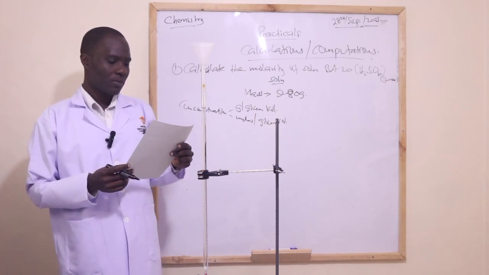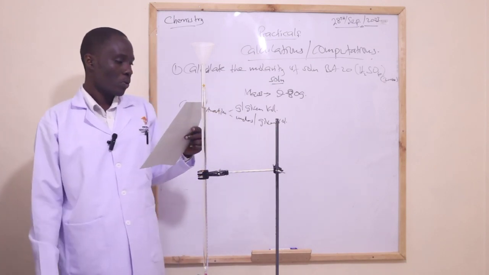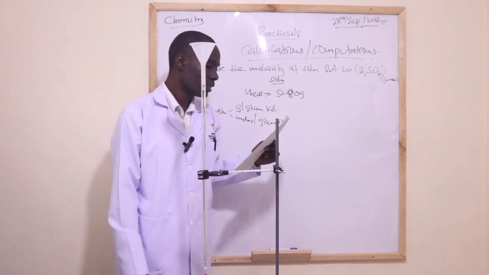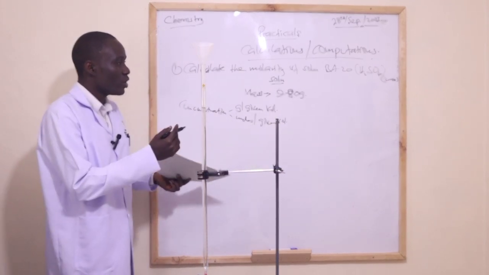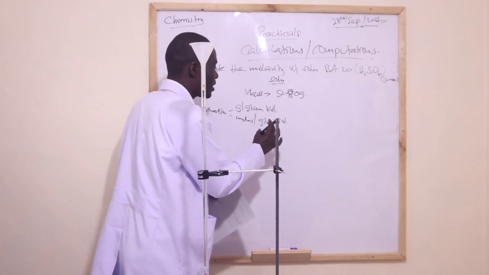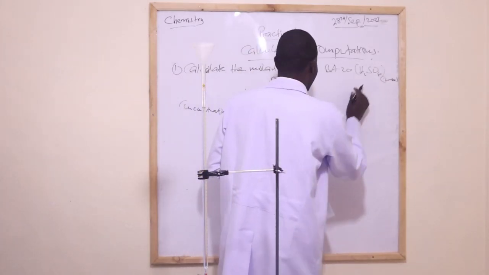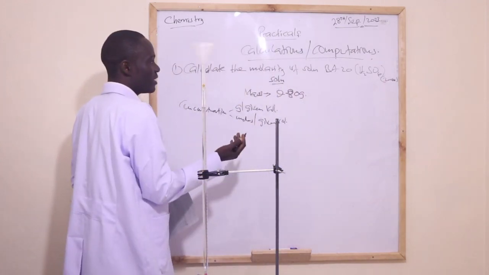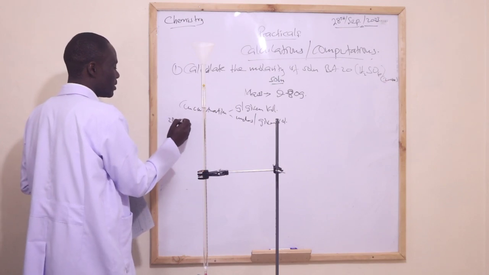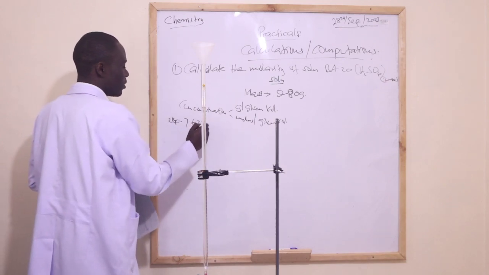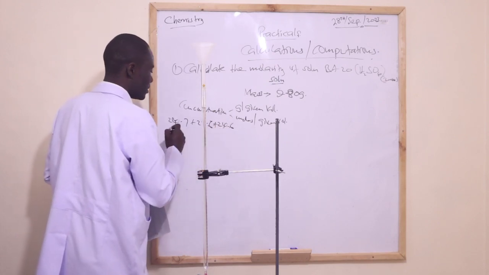From the procedure, we're able to find from the table the analyte, and we got the average: 24.7 plus 24.6 plus 24.6.